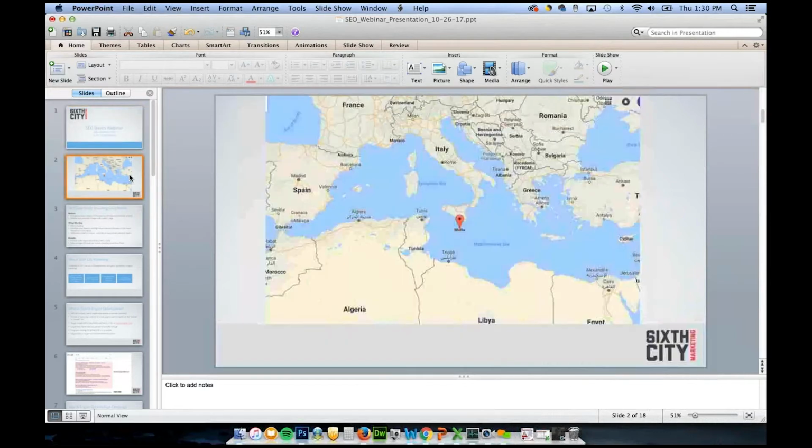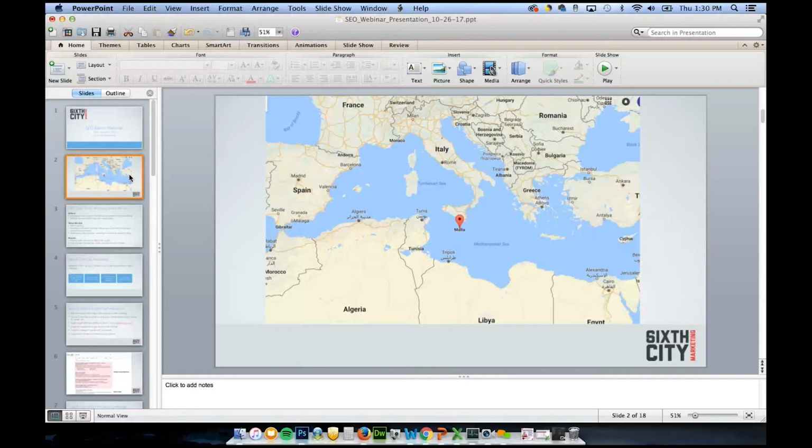So we're going to start today's session by talking about, when you think of search engine optimization, you think of the island of Malta. Well, probably not, but just to throw you a little curveball here, I'm starting off our session talking about Malta because this is an example of a business that we've worked with and helped.